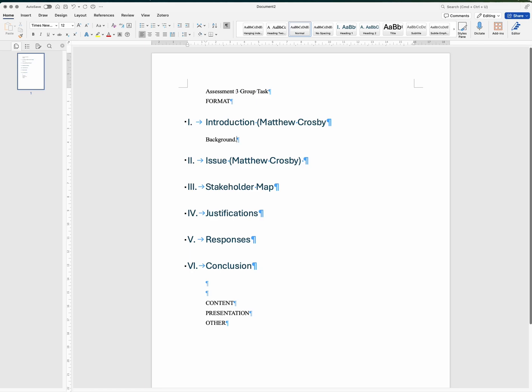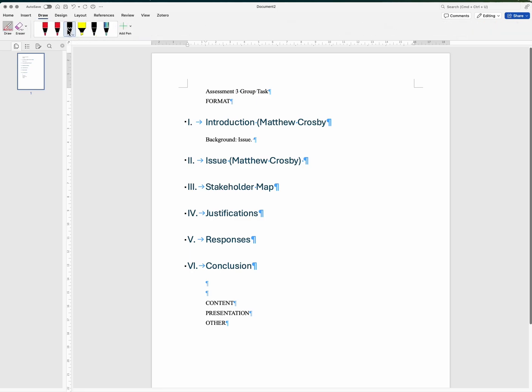The background that I'm looking for is a background that relates directly to the issue. This background statement is going to relate directly to the issue. Got to have some relevance in there.